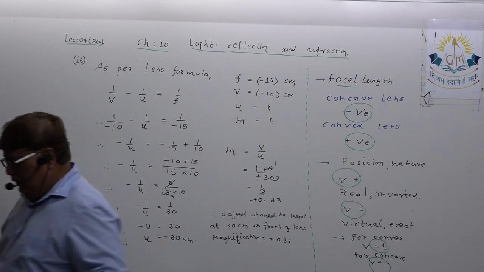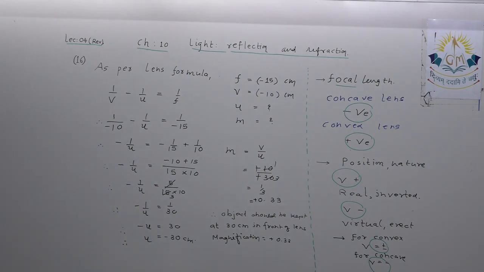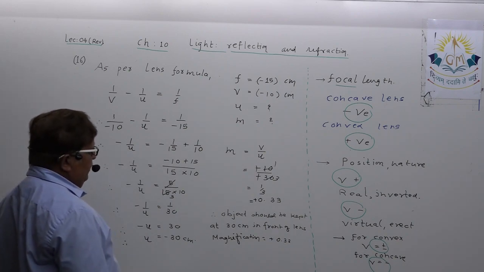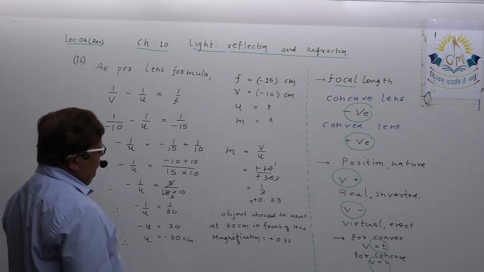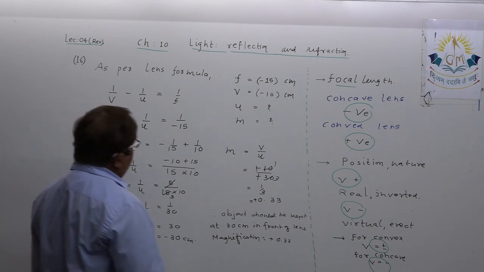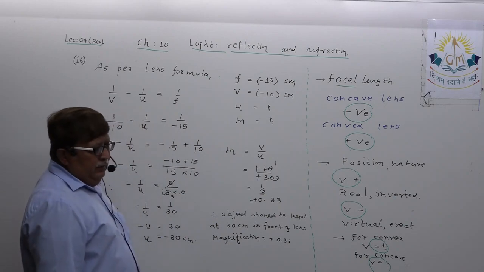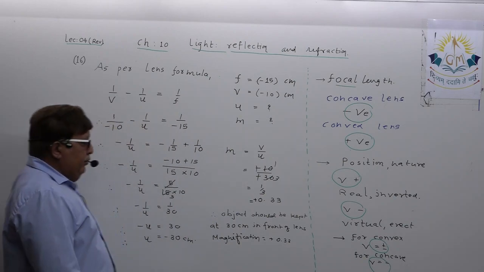Okay, just have a look at the sum. Then we will target another example, and before I move to another example, these important points you need to keep in mind. That's compulsory.